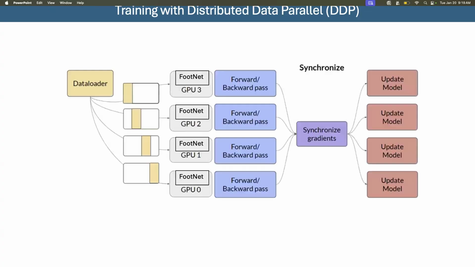How that works is we have a data loader which has all of these 500,000 training examples, and it creates different shards of this data, and provides different batches to different FootNet replicas on different GPU machines or different servers.